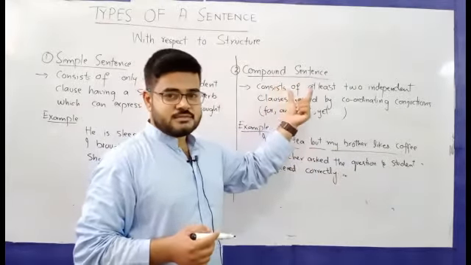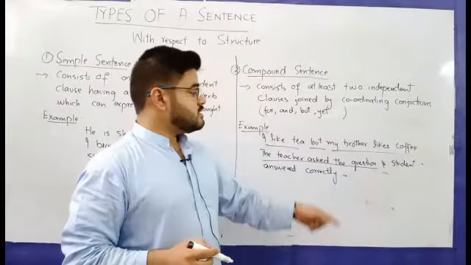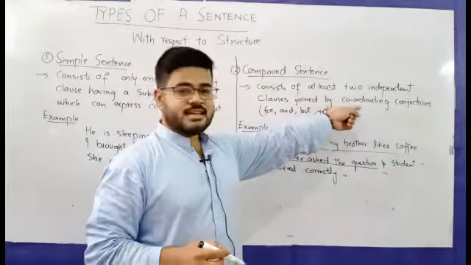Similarly, the teacher asked the question and the student answered correctly. There are two independent clauses and the word and, which is a coordinating conjunction. I hope the compound sentence is clear to you.